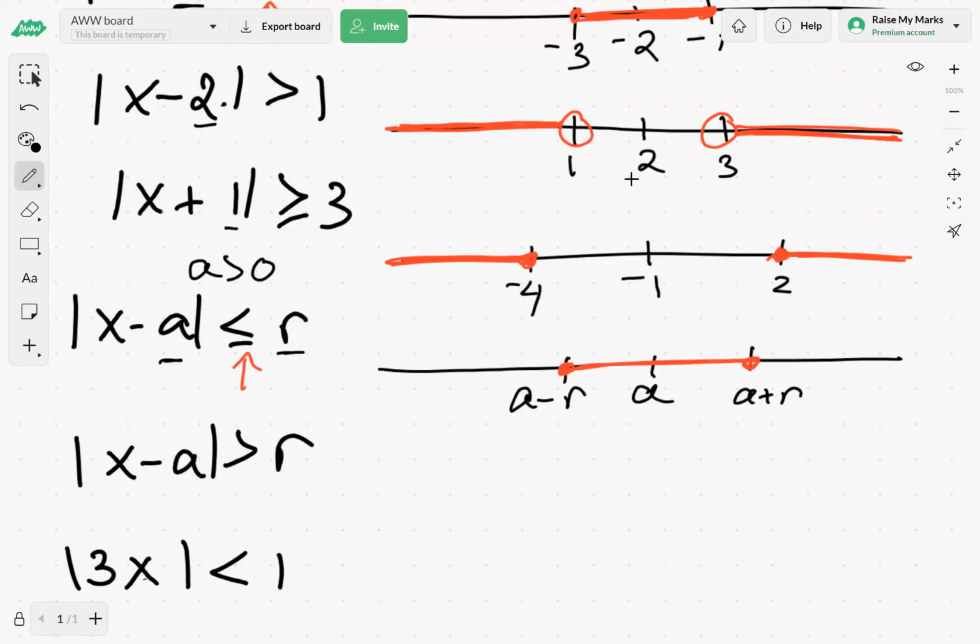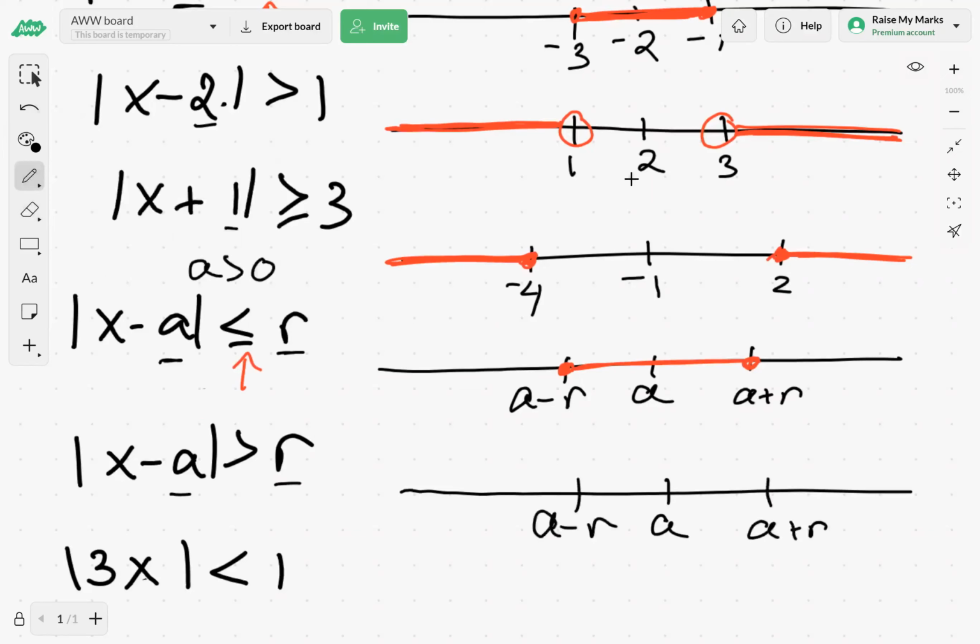And one more. Again, we're centered at A. Actually, it doesn't matter if A is greater than 0 or not. Our radius is R. So we're going to go up R units from A, down R units from A. We have a strict inequality.